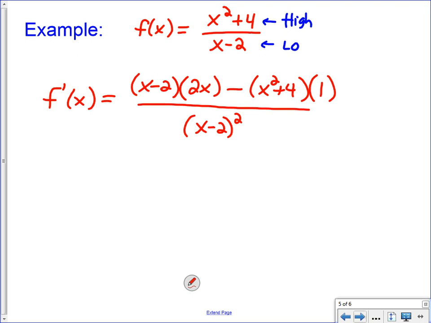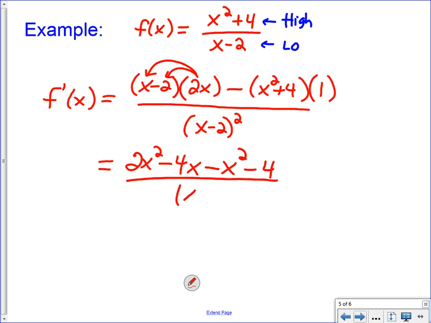And then you mainly just have to simplify that numerator. So let's distribute our 2x. So we get 2x squared minus 4x. Now we're multiplying x squared plus 4 times 1, so that's just x squared plus 4. But you do have to distribute your negative, so it becomes minus x squared minus 4, all over x minus 2 squared.